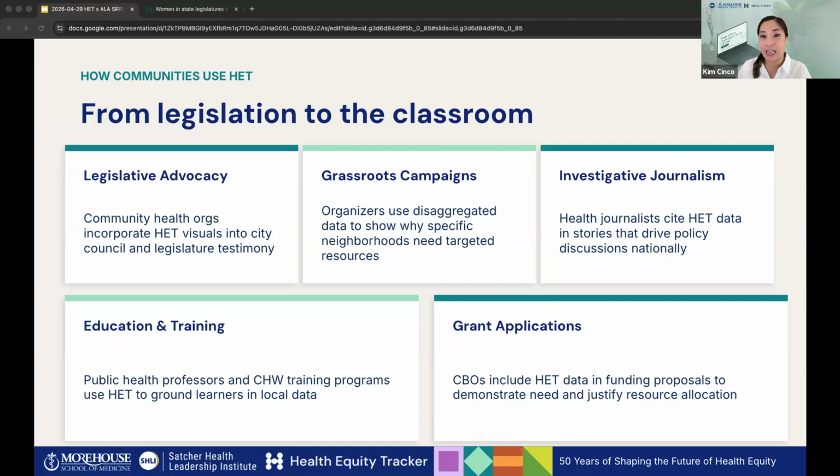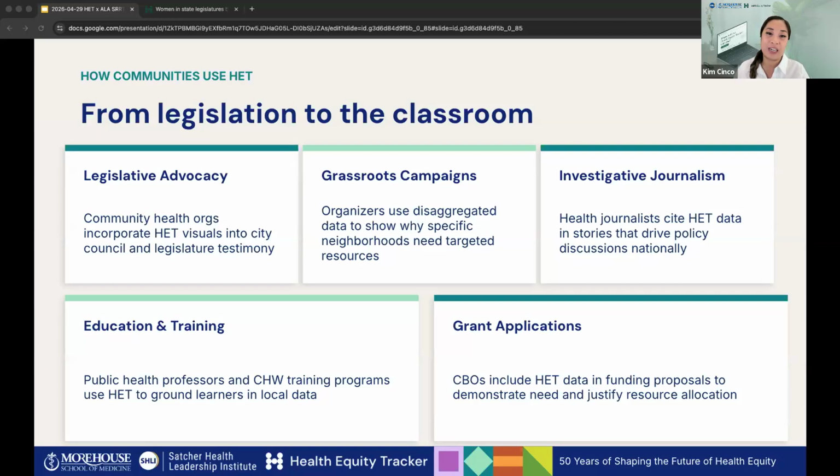Investigative journalists are citing HET in health equity stories that drive policy discussions and public health awareness at a national level. Public health professors are integrating HET into curricula. Community health worker training programs are using it to ground learners in local data.